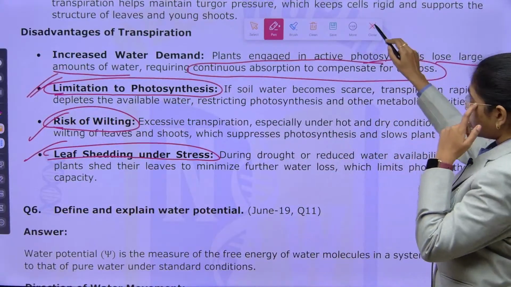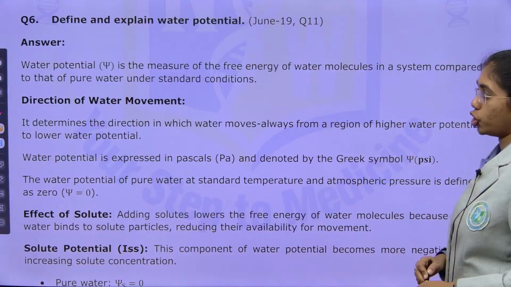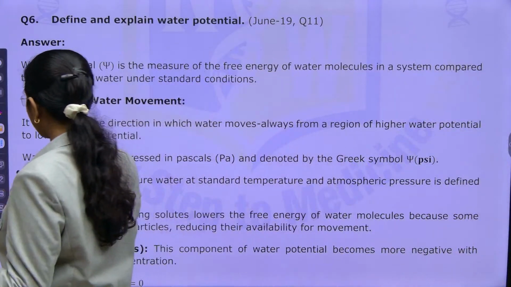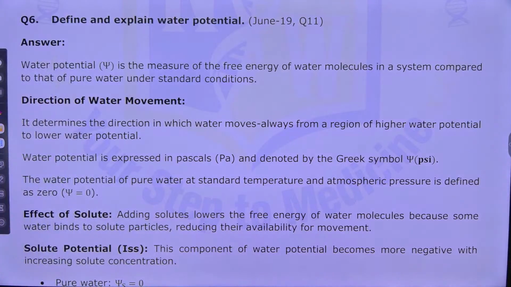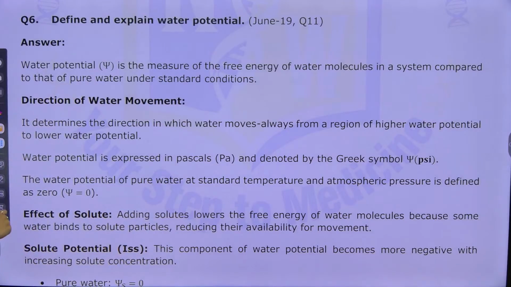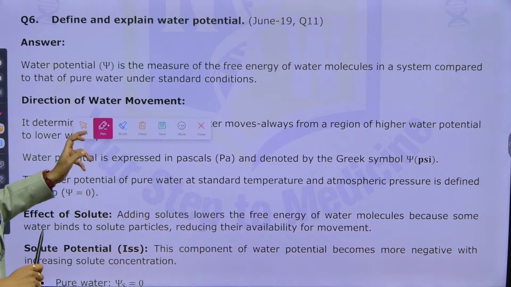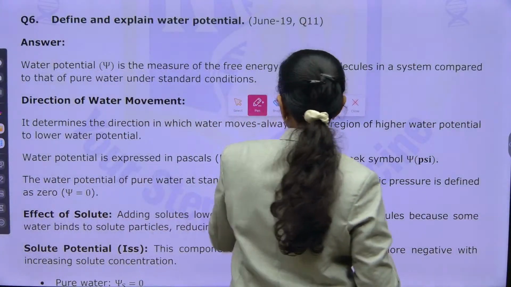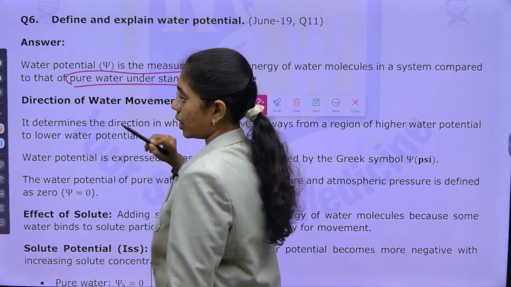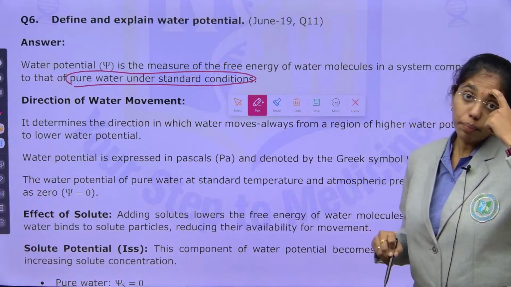Now, we will move on to define and explain water potential. What is water potential? You have to define and explain it properly. Water potential is a measure of the free energy of water molecules, potential energy you can say, in a system compared to that of pure water under standard conditions, standard temperature and pressure. That is addressed as water potential.